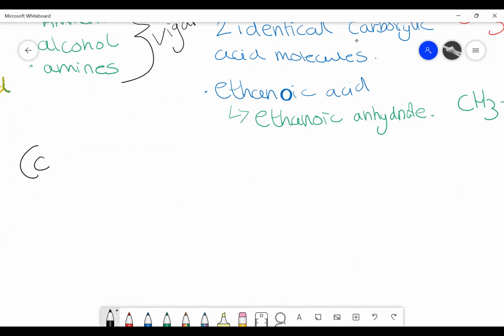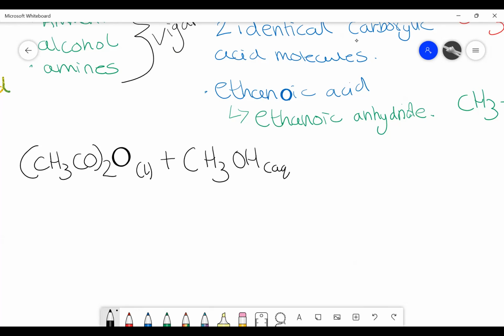So we've got ethanoic anhydride, and it's going to react with methanol. Here again, just writing it on, we've got ethanoic anhydride reacting with methanol.